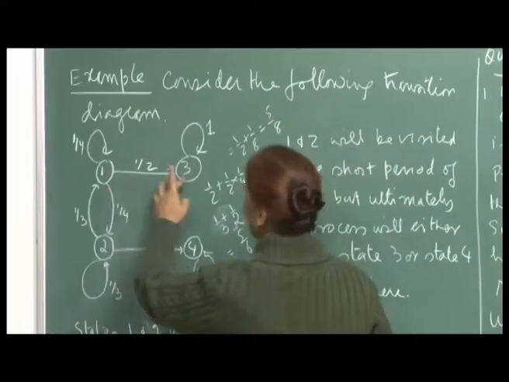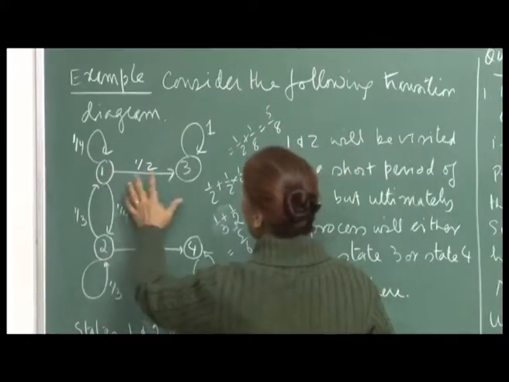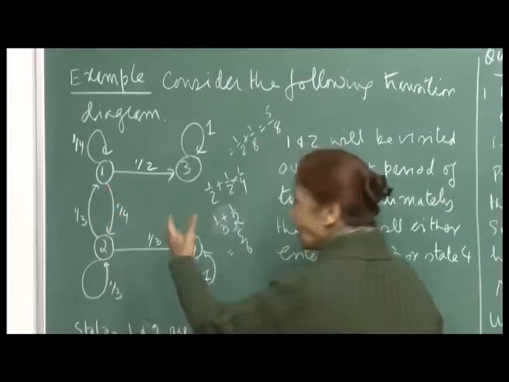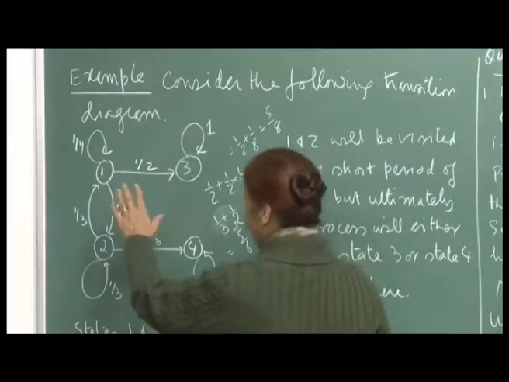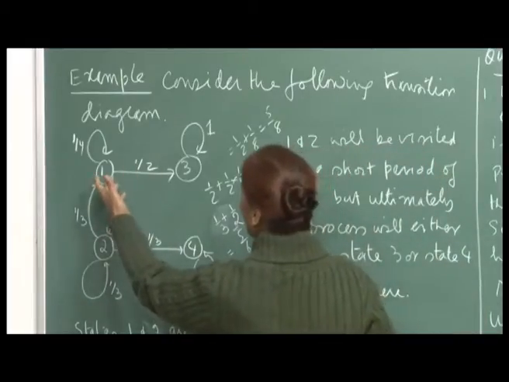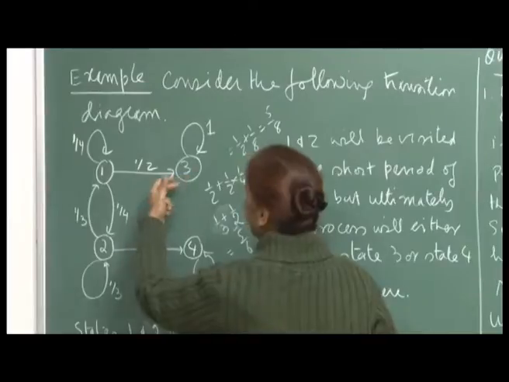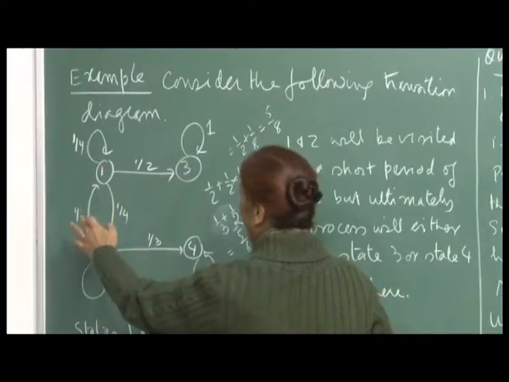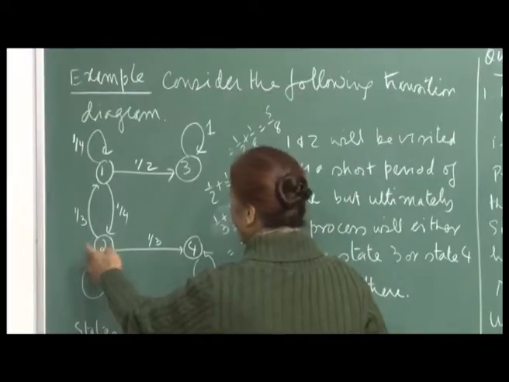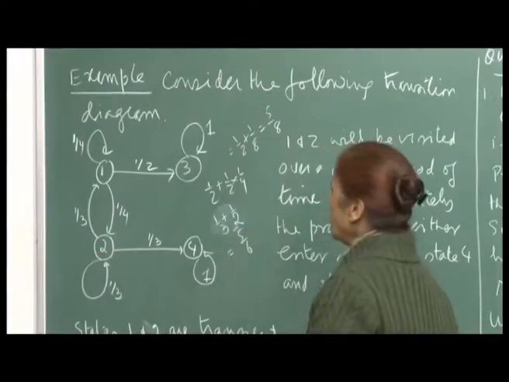You are connected to 3 from 1 directly. This is what we will try to bring out through the computation of the absorbing probabilities: it looks like the probability of transitioning to 3 would be higher if you are in state 1, and if you are in state 2, the probability should come out lower than that.